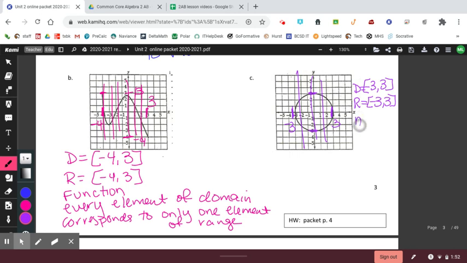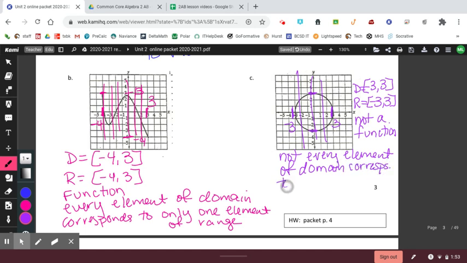No. It fails the vertical line test. Not every element of the domain corresponds to only one element in the range.